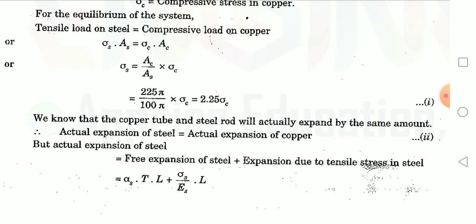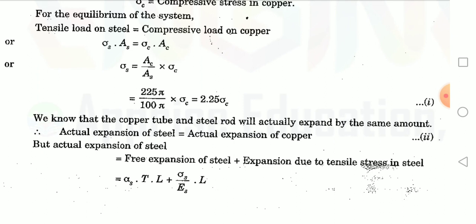The next condition is the copper tube and steel rod will actually expand by the same amount. Therefore, actual expansion of steel equals actual expansion of copper. Here, actual expansion of steel is free expansion of steel plus expansion due to tensile stress in steel.